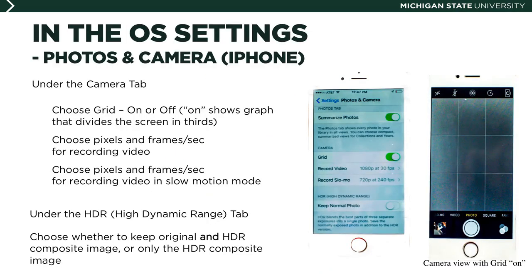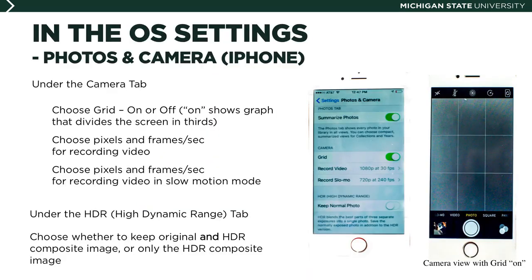Then comes the Photos tab. This setting determines if you will see every photo in your library and allows for summarized views for collections and years. Under the Camera tab, Grid turns on the lines that divide the screen in vertical and horizontal thirds. And there are two other options related to video quality and mode: pixels and frames per second for normal video and for slow motion video.